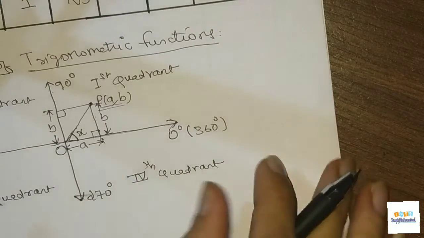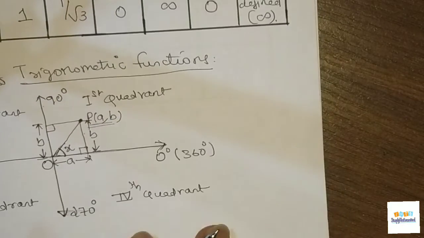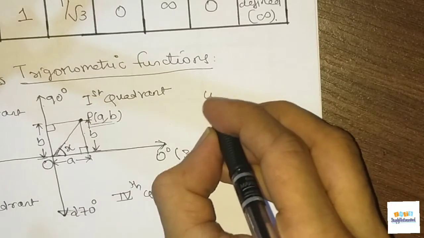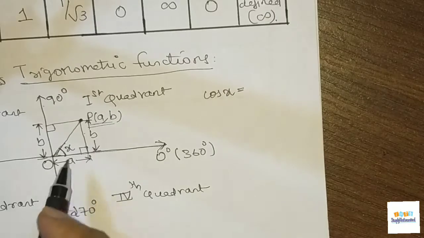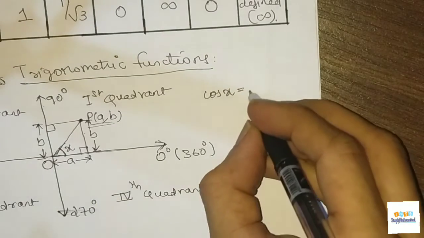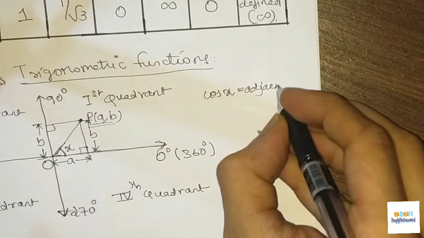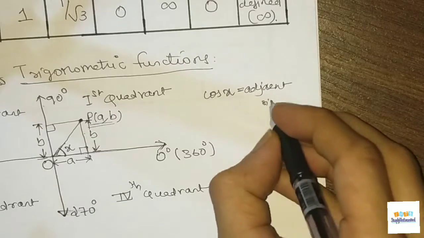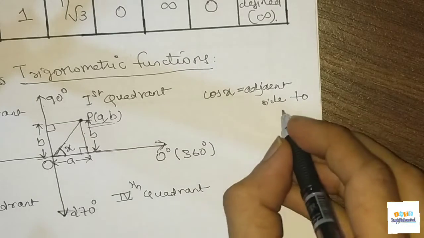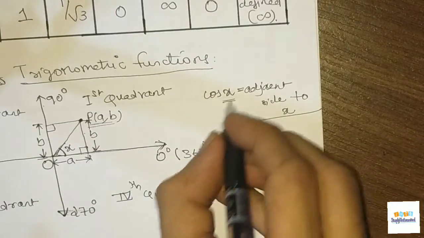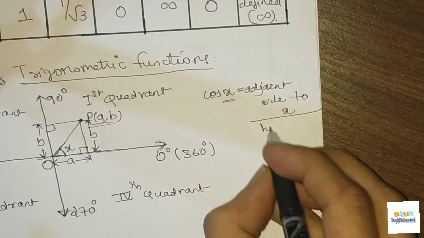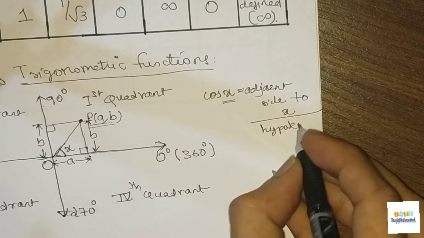Now let us look at the cos and the sine ratio. If we look at cos of x, that will be what? Cos of x, you know, is the adjacent side to x, which is the angle, divided by hypotenuse.